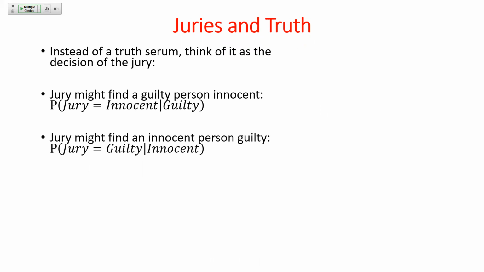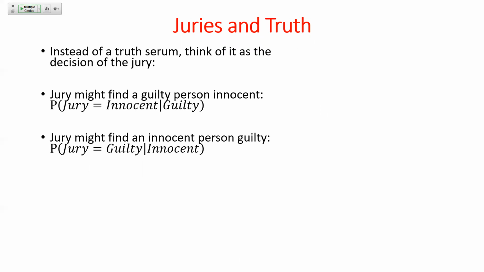We can get an idea about these things by going back at historical court cases and looking at cases that got overturned after the invention of the use of DNA evidence, because we could actually see that in these cases the person actually was guilty, but at the time the jury found him innocent. Or the person actually was innocent, but the jury found them guilty. So we can look at these kinds of reversal cases.